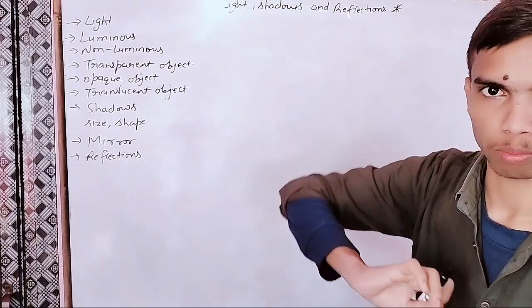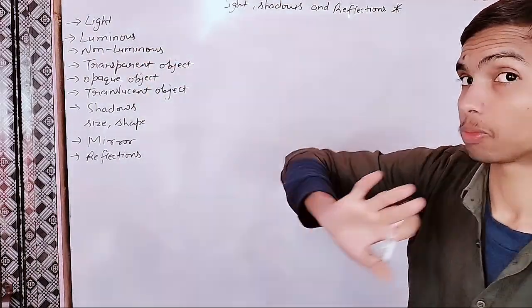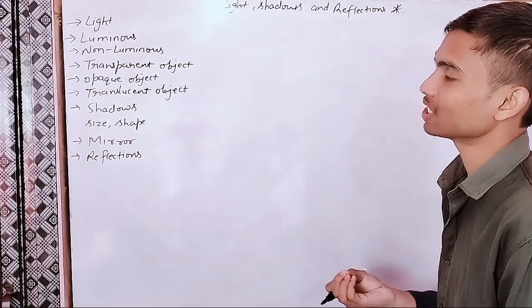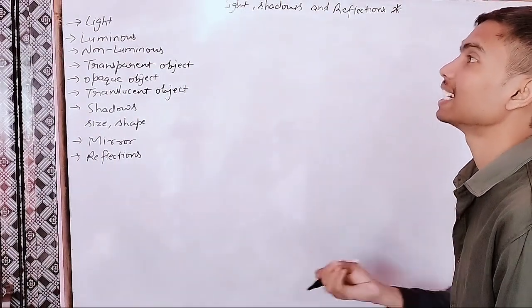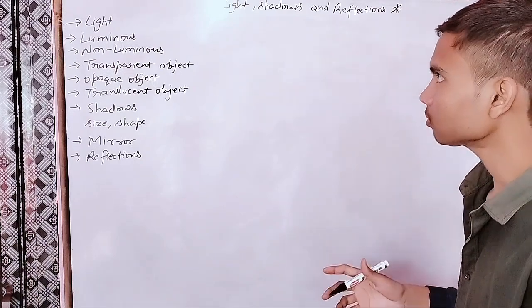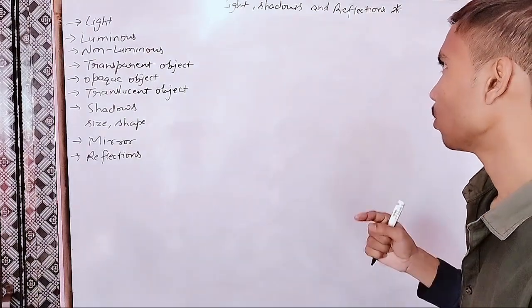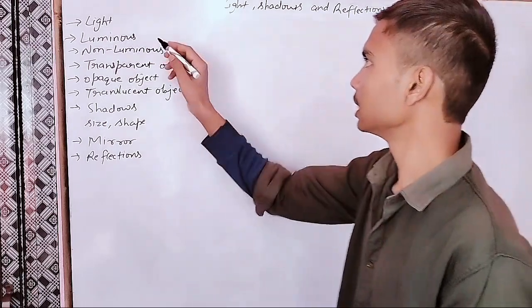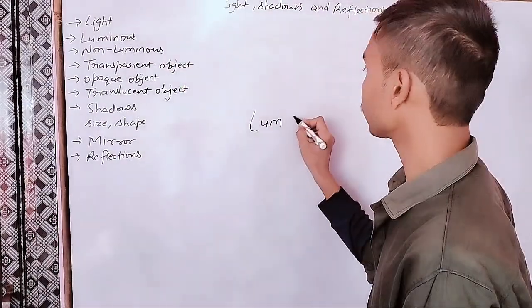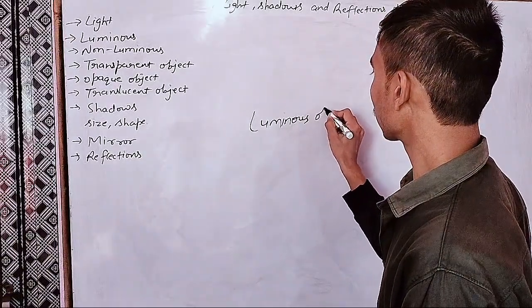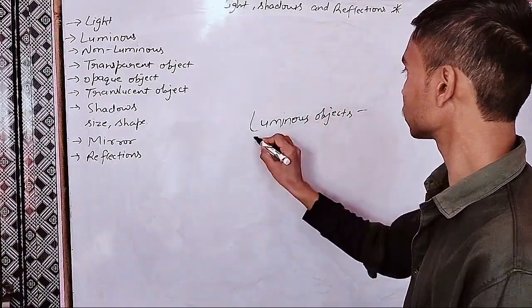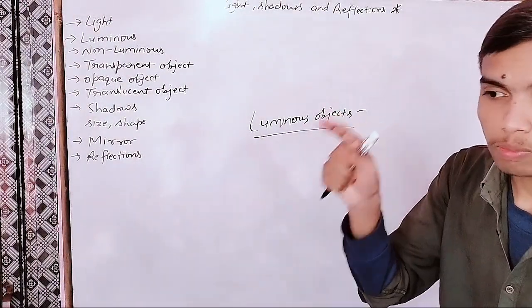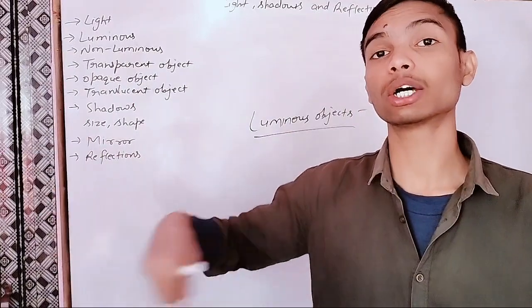Next is luminous objects. This is an object. Luminous are objects. So what is the definition of this word? It is saying luminous objects are any type of object, but those objects are emitting their own light.